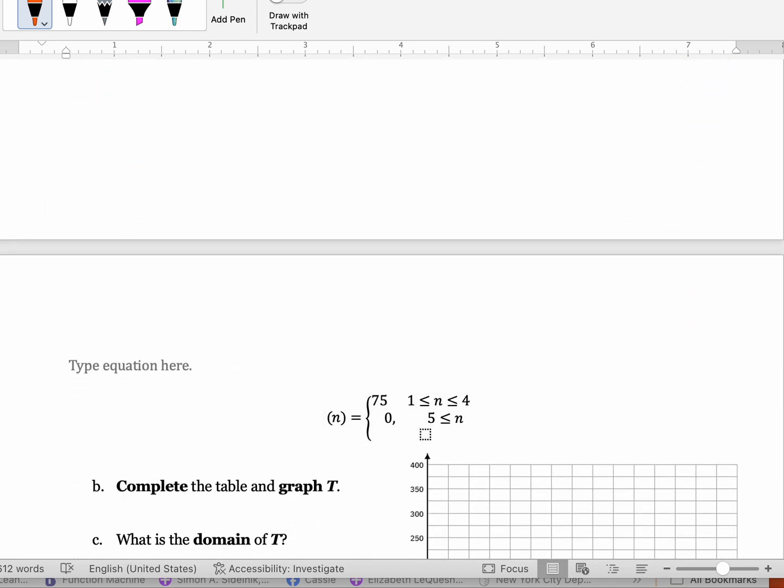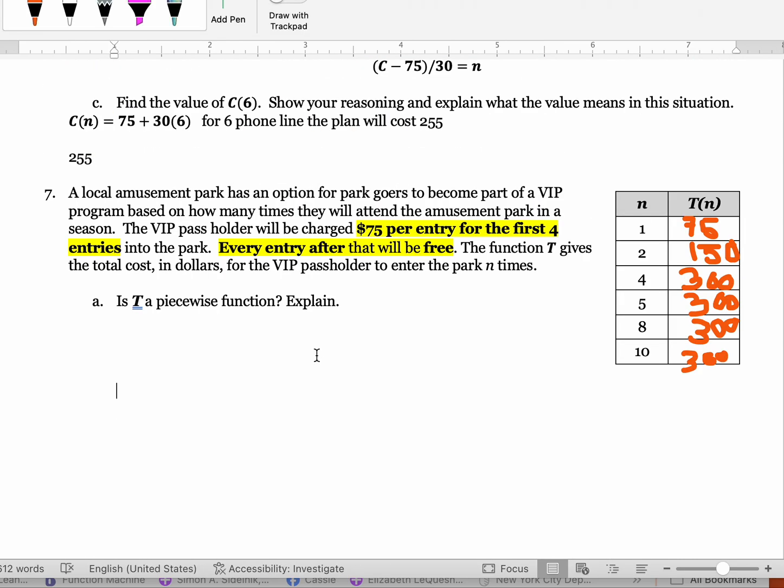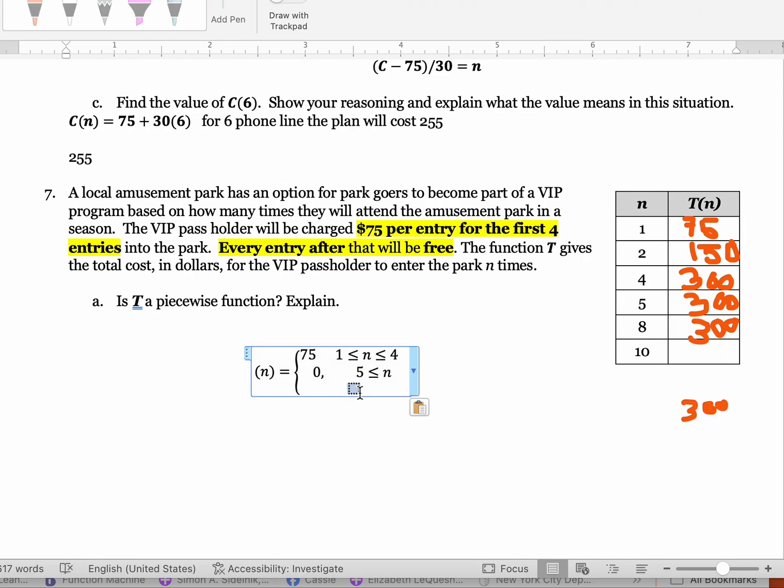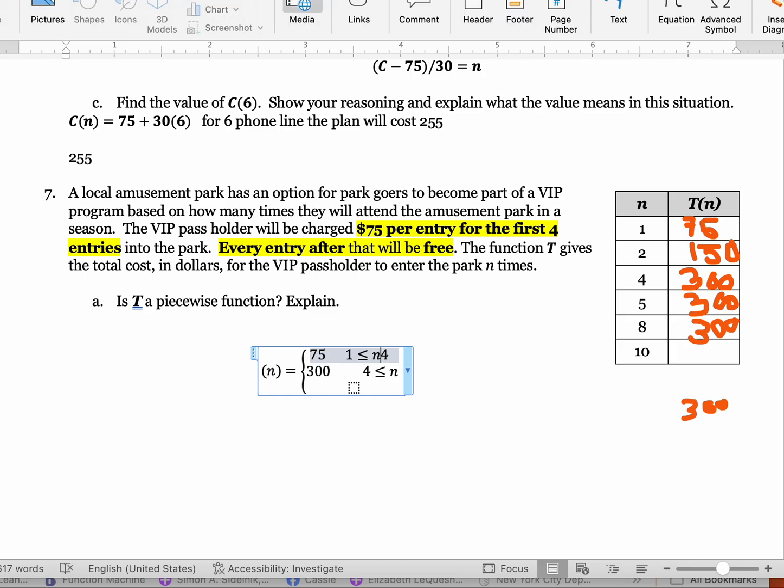This is actually the rule: 5 on is 300, when it's actually 4 on, and this is going to be less than 4.